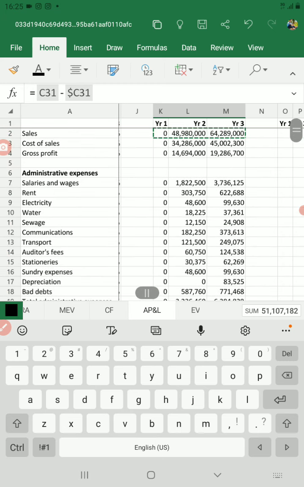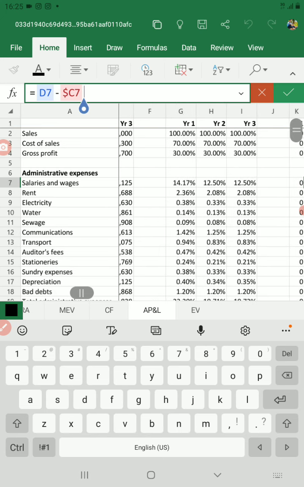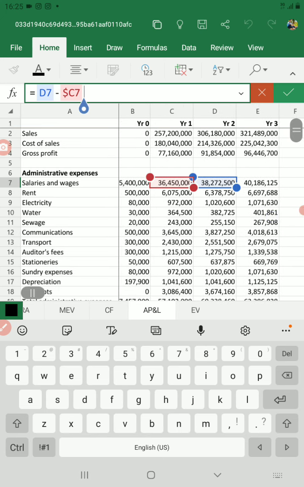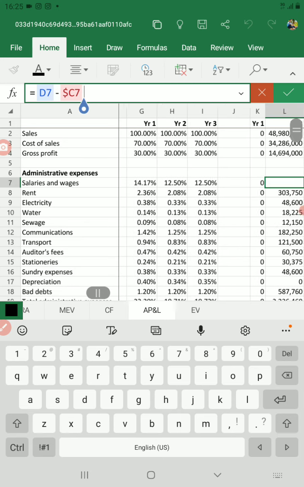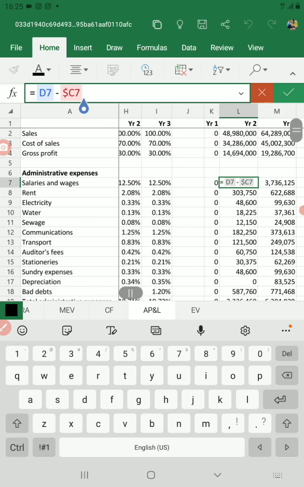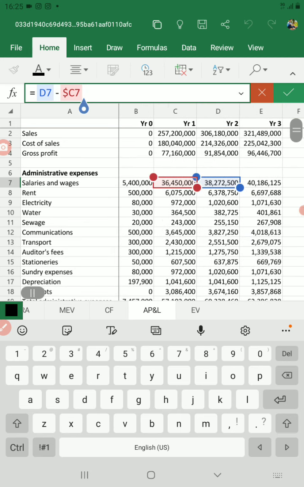So if I go to any place, for example, if I click here in salaries and wages and click on the formula bar, you will see, I'm in year 2 there, so it has taken year 2 figure minus year 1 figure to get the absolute value.